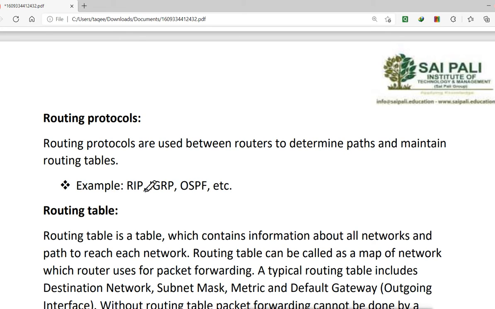We configure these protocols on routers, and their job is to maintain the routing table, which is why they are called routing protocols. For example, RIP, IGRP, OSPF, EIGRP, IS-IS. These are some of the routing protocols we use.